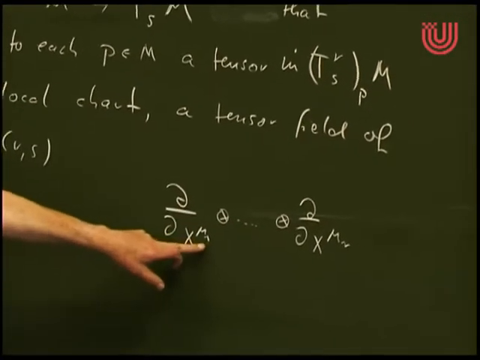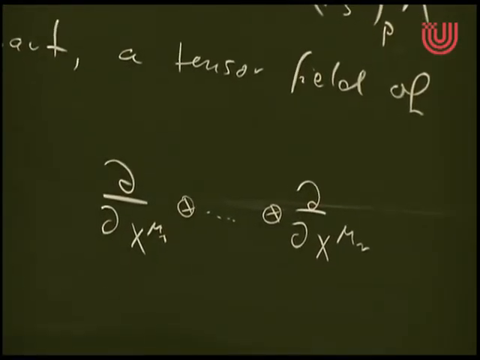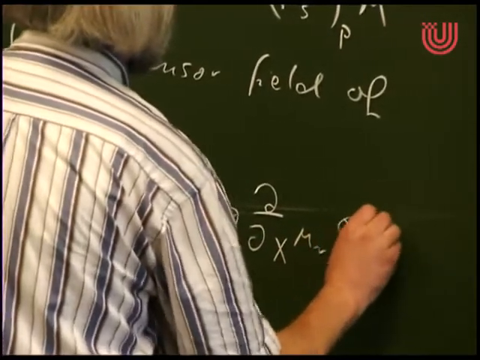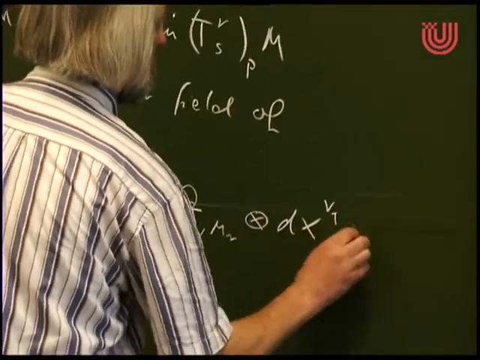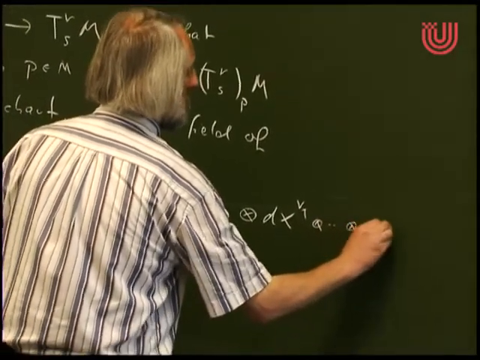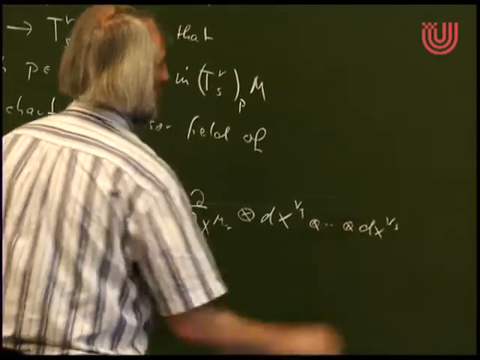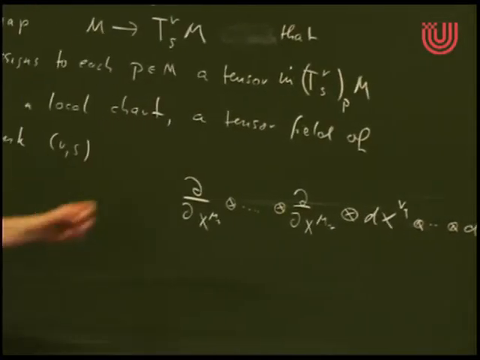Here the index runs from mu1 to mu r, and then for the s entries here I need another index, say nu1, with a tensor product of dx nu1 up to dx nu s. And then I have coefficients, which I call the components of the tensor field.